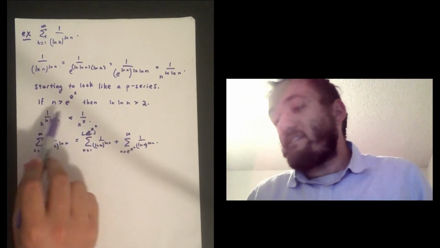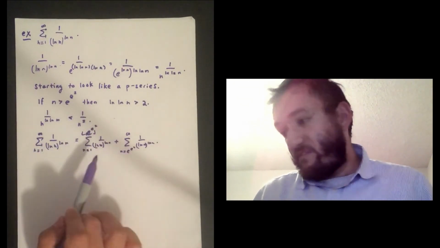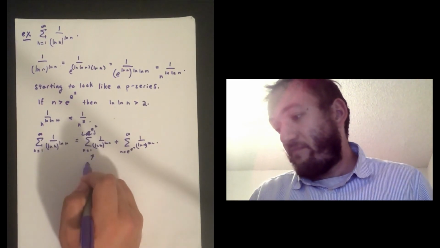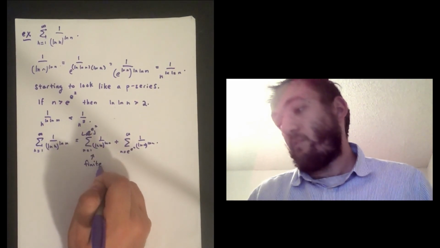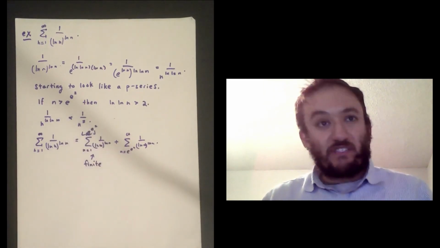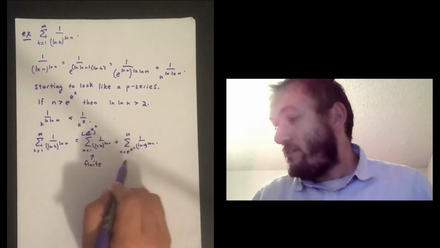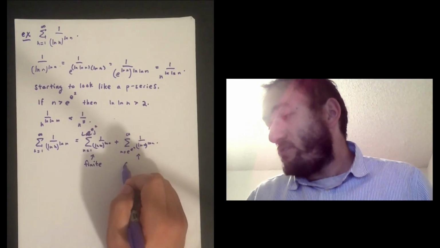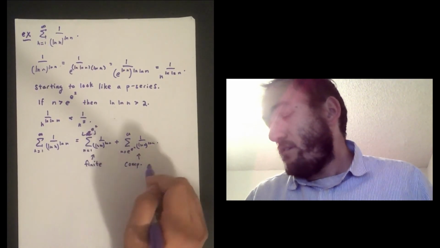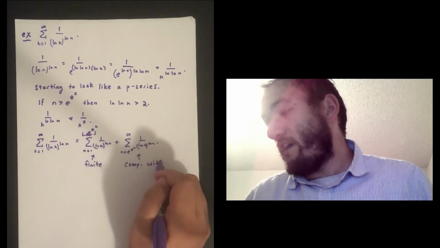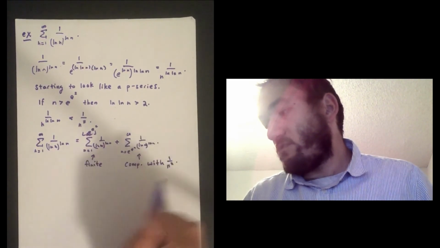So I can consider this inequality to hold for all terms of the series. This is just a finite sum. Okay, and the part that we're interested in is that infinite tail. And for this infinite tail, we can do comparison with 1 over n squared, since it's also positive.